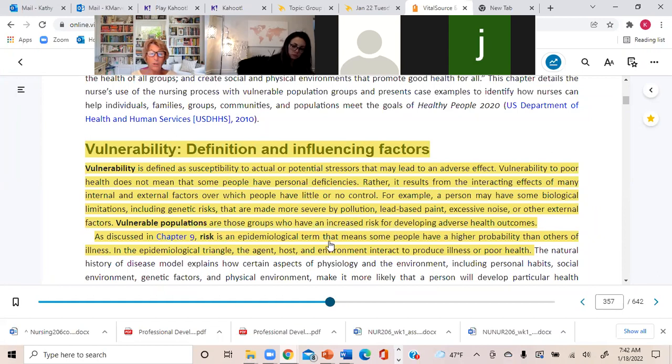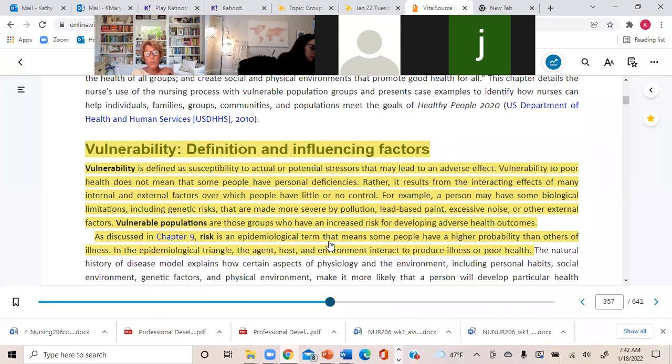Do we think that vulnerable populations are more at risk for adverse health outcomes? Sure. And why would they be more at risk?